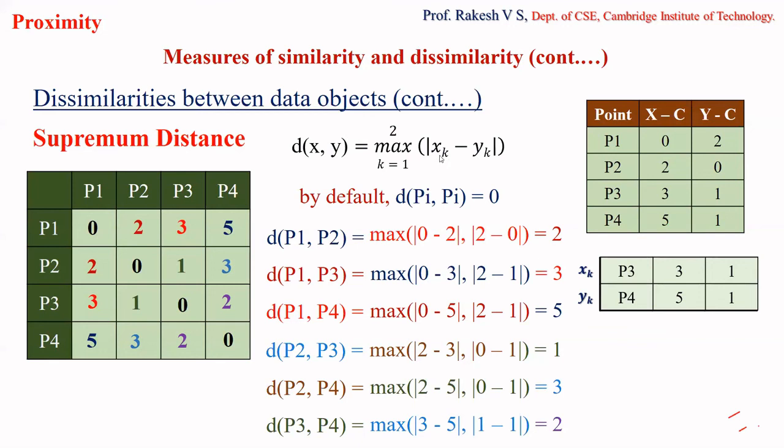It is not. Xk is the attribute x. X is the attribute, y is also an attribute here. For our example, what we have considered, points become the attributes and the coordinate values become the data values or the data objects of the respective attribute. So this you have to keep in mind.